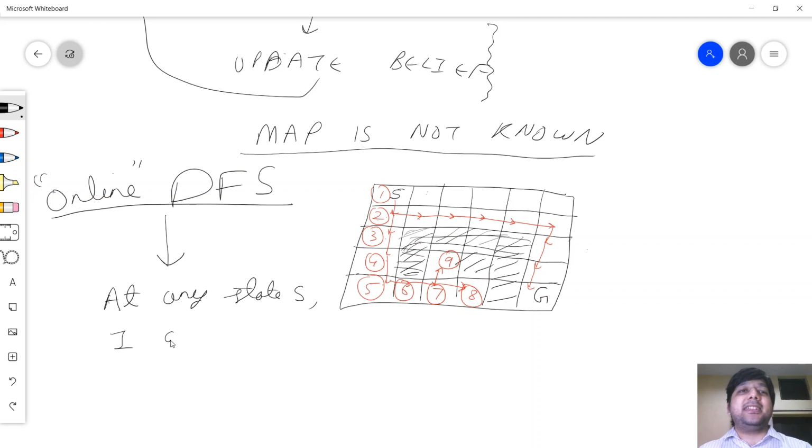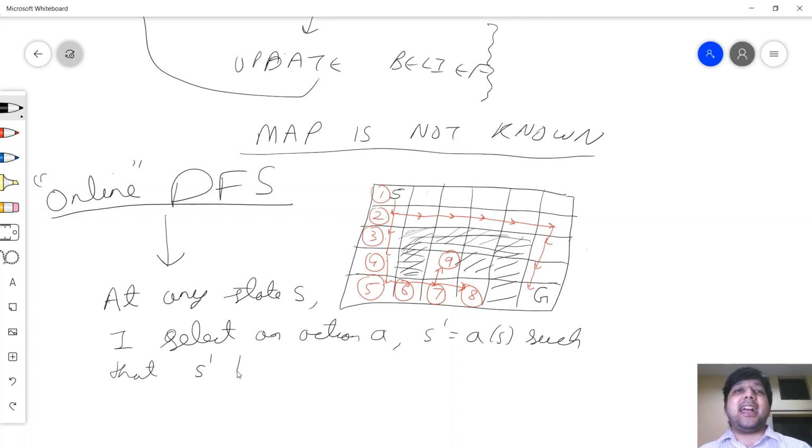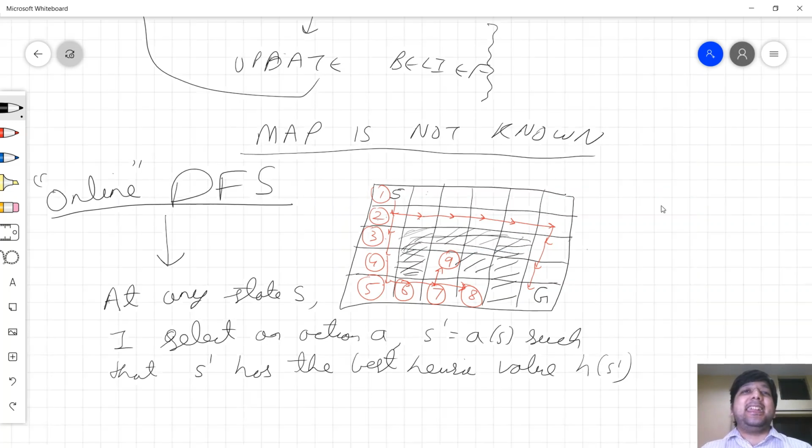what I do is I select an action A which results in S dash such that S dash has the best heuristic value, and it's the same heuristic function that we studied in the A star algorithm.